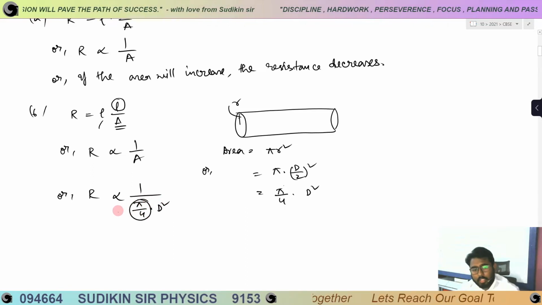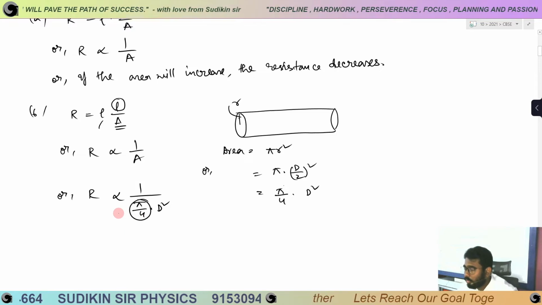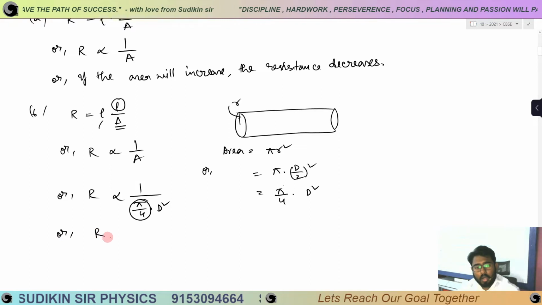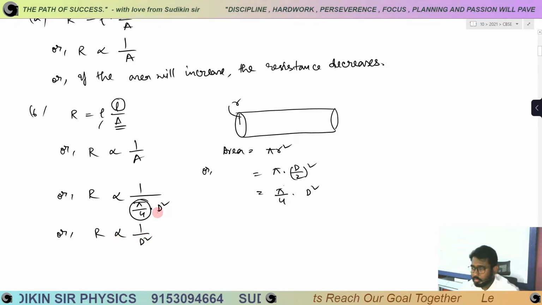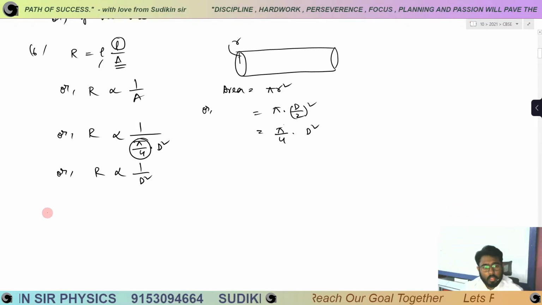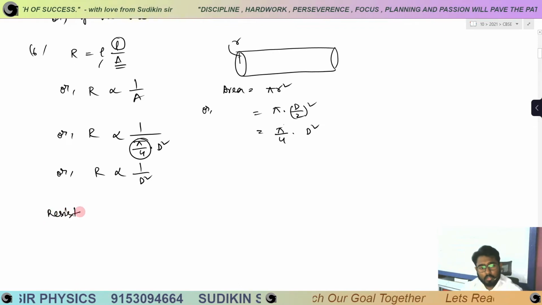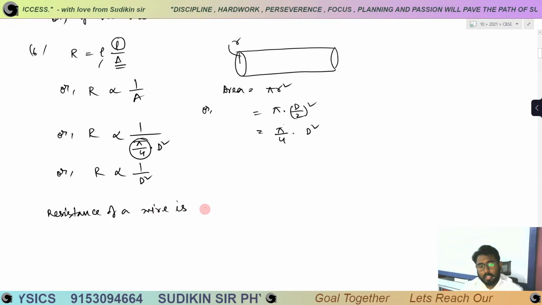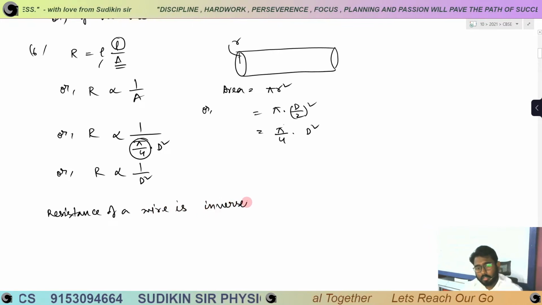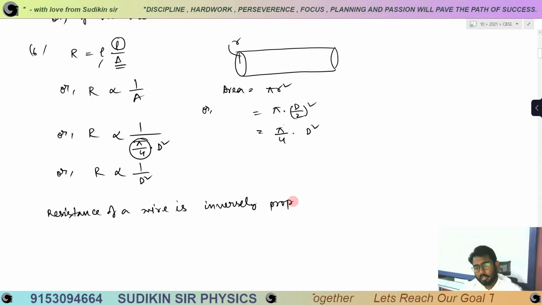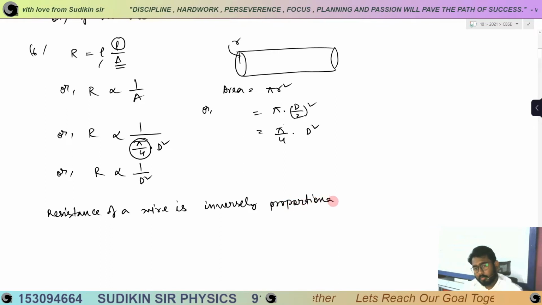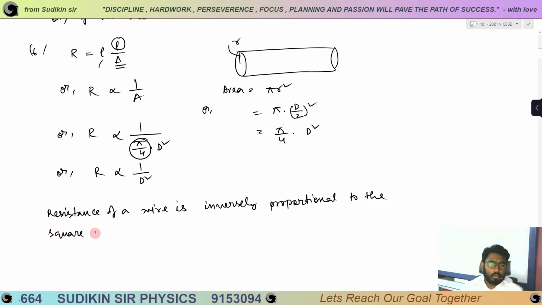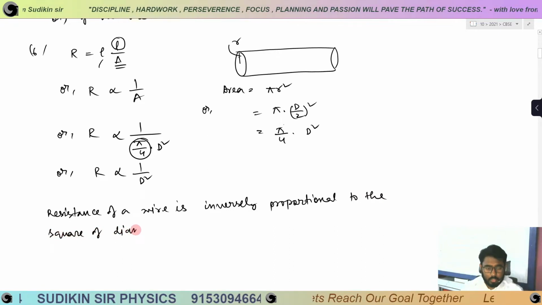Now pi is a constant, right? 3.14. 4 is also a number, so that is also a constant. So can I write this as R proportional to 1 by d square? So that means resistance of a wire is inversely proportional to the square of diameter of a wire.